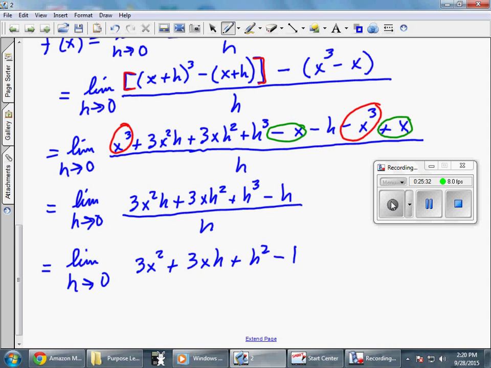And life is good. And that is the first derivative of x cubed minus x. And we designate that as f prime of x.